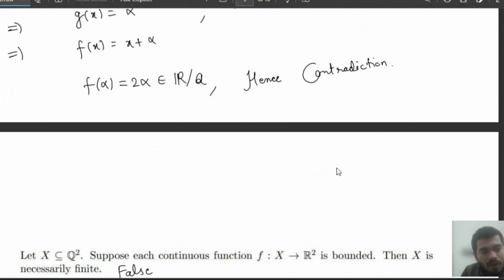What we proved is B is dense in 0, 1. Now we have to prove the rest of the part.